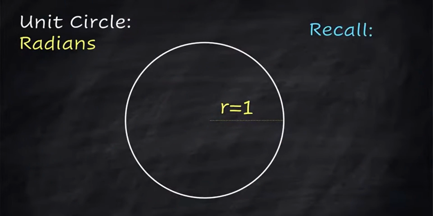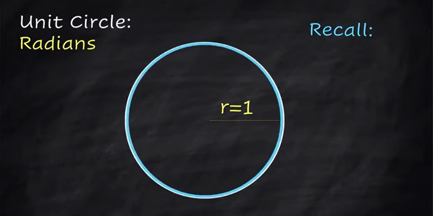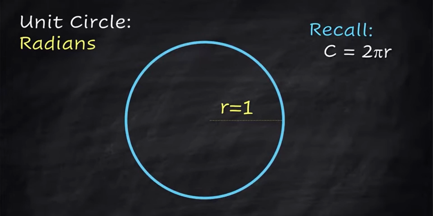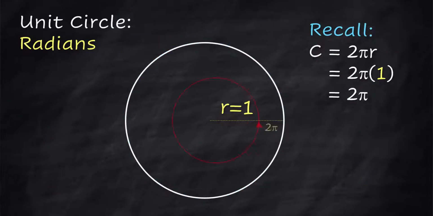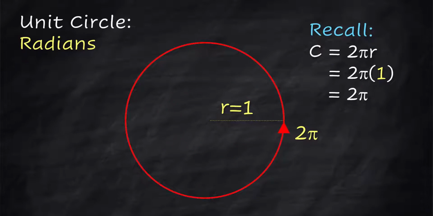Okay, we have to start by talking about the circumference of the circle first. So starting with the whole circle, the formula for circumference is 2 times pi times the radius. Well, in the unit circle, the radius is 1, so the circumference is going to be 2 pi. Going all the way around this circle one time, that equals 2 pi. And that's radians. That's the basis of radians.